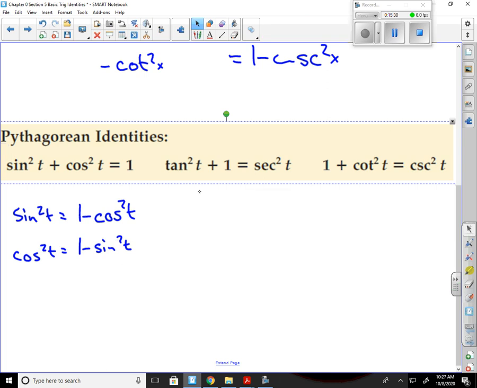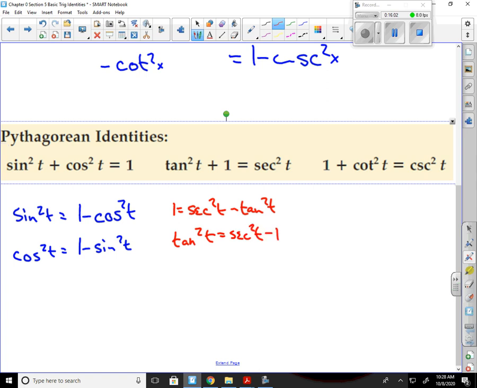If I look at this one, I can get the 1 by itself, which means I get 1 equals secant squared t minus tan squared t. Or I could get tangent by itself and do tan squared t equals secant squared t minus 1.